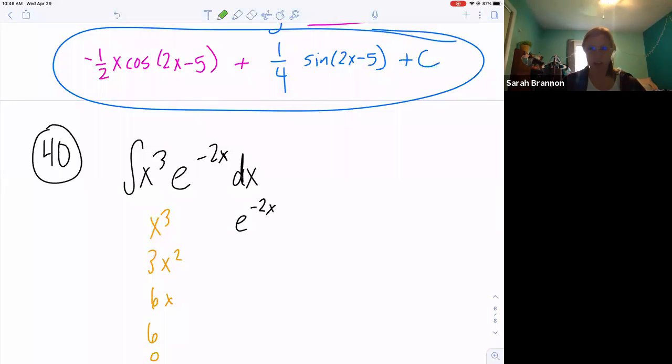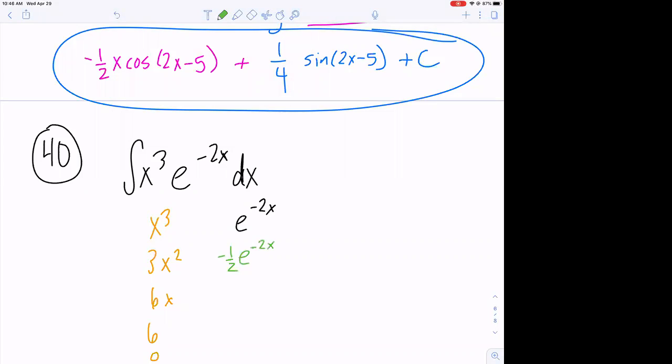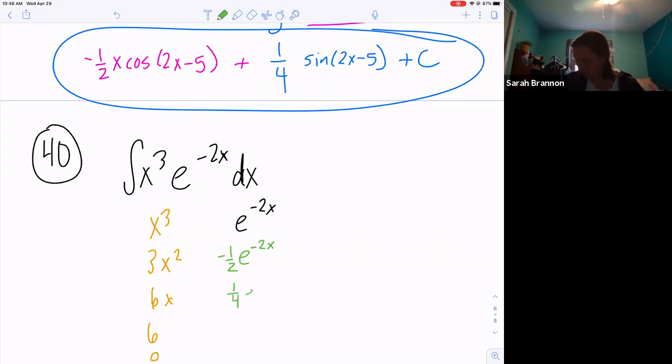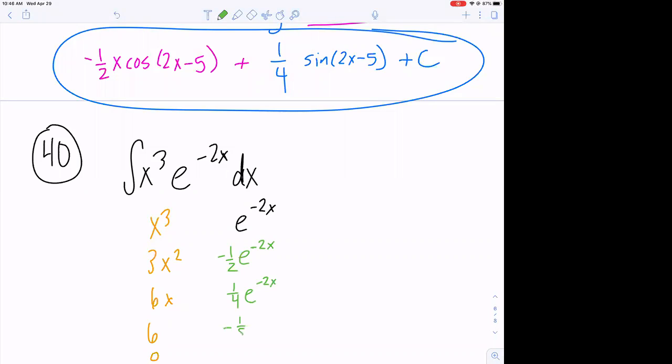Negative 1/2 e to the 2x. Nice. And then 1/4, and then -1/8, right? Yep. Ew. All right, there we go.